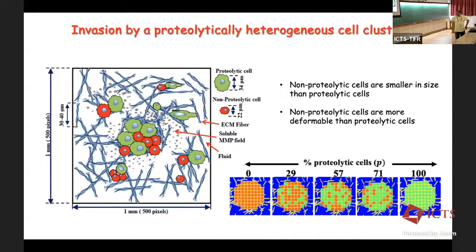Okay, so how do we address this question? We again made use of a cellular Potts modeling framework, but now what we did was we have a group of cell cluster comprising variable proportion of cells which secrete MMP and proportion of non-proteolytic cells, which are depicted as smaller in size because this is what we experimentally observed.